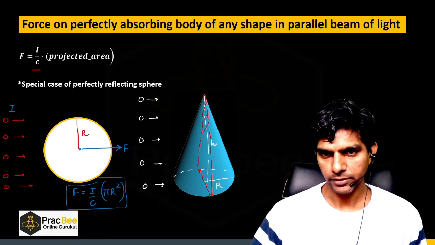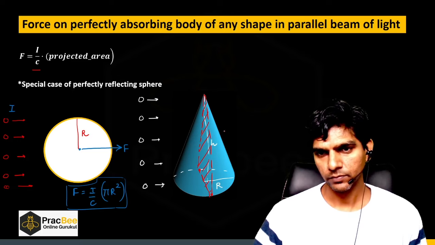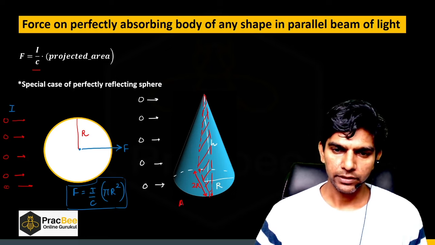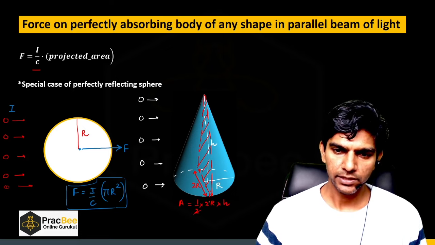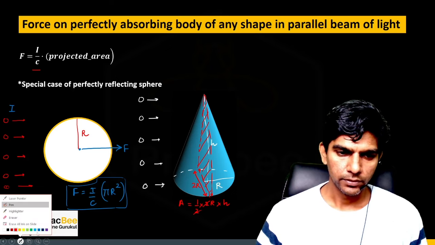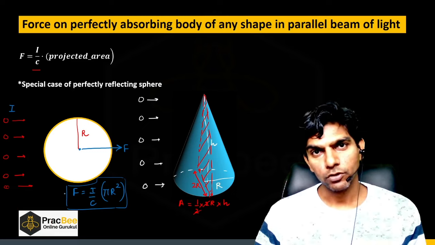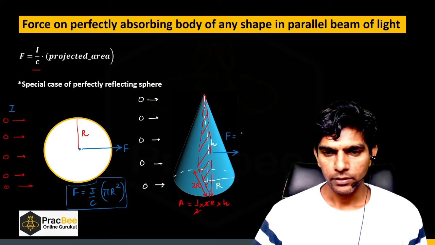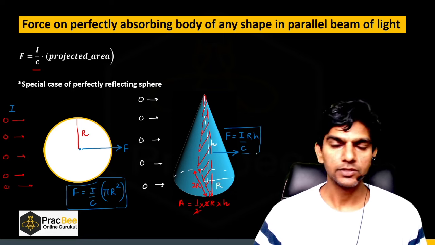Basically this triangle, right? And the base of this triangle will be nothing but the diameter, and the height is nothing but h. So here the area will be half base times the height, so that is rh. So we can say the force exerted on this perfectly absorbing cone will be in the right direction, and that force will be I by C times the projected area, which is rh. So that is the answer in this particular case.